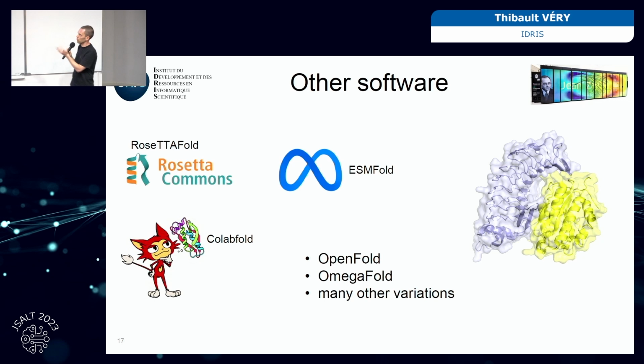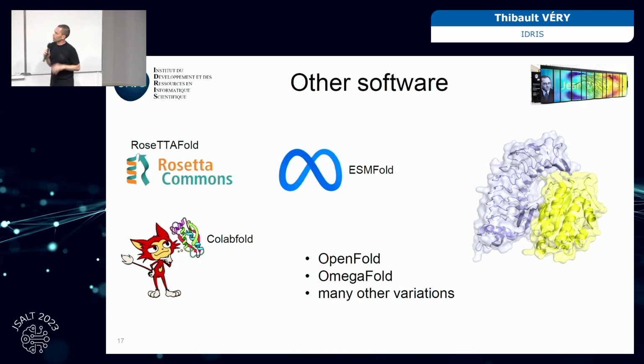To tell you, they can go something like 100 times faster than the tools that were used by AlphaFold. The price is that the precision is a bit lower. But it can be enough.